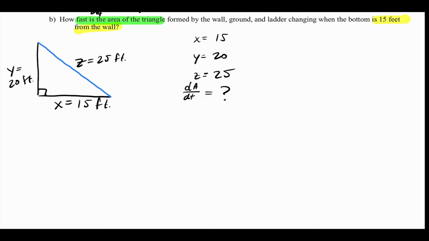Go ahead. Pi r squared. So area equals pi r squared. That's area of what? A circle. Close. We're getting closer. I'm going to need area of a... Go ahead. There you go.